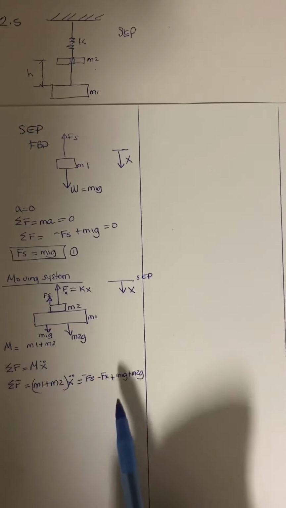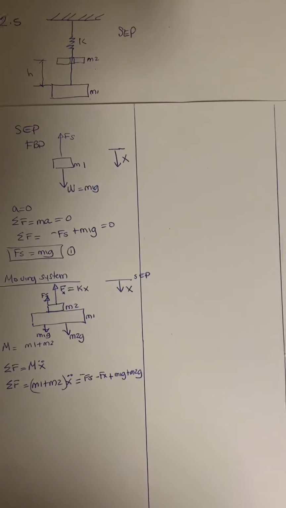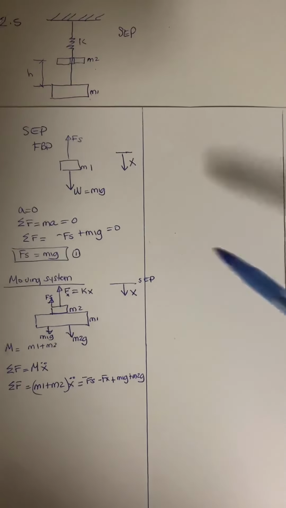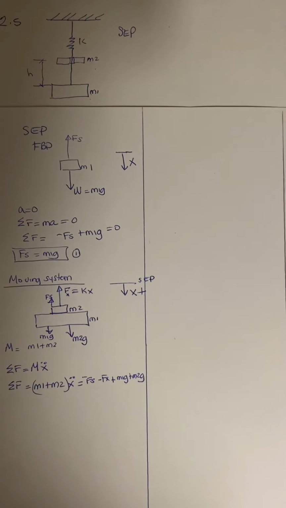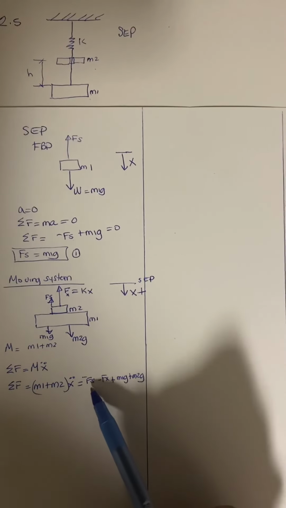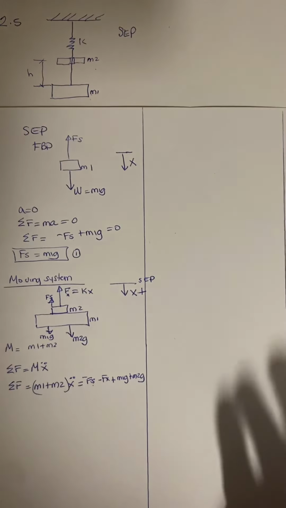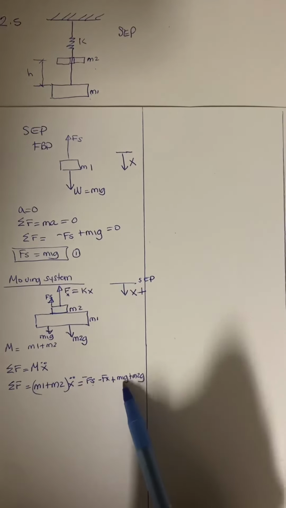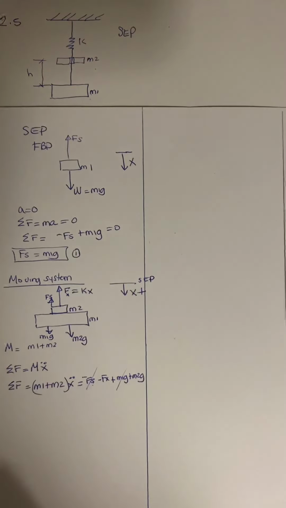The spring forces are negative because they are going upward, and we already said that going downward will be positive. Now, minus Fs plus m1g will cancel out because Fs is equal to m1g. So this is going to be equal to 0.